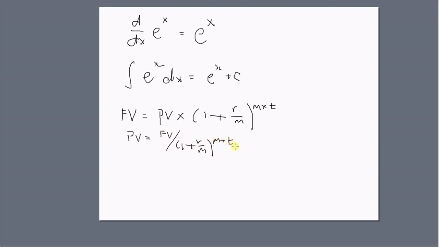So you can play around with this formula, and in fact you can take r out to be expressed in terms of future value, present value, compounding frequency and time.